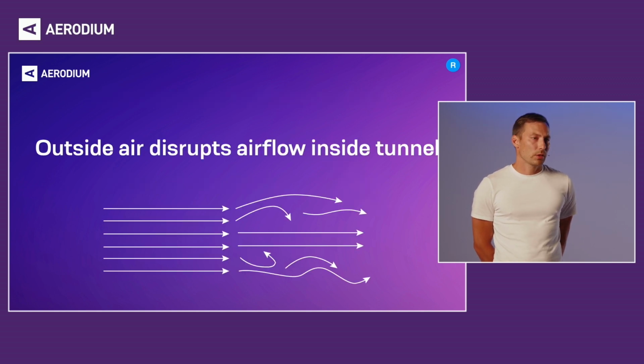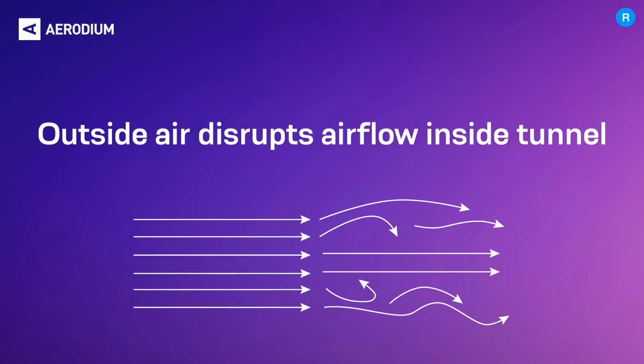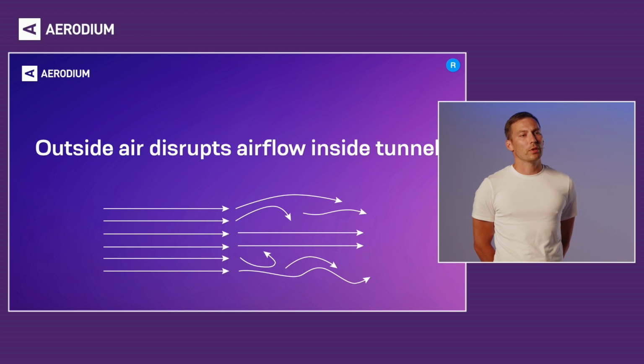Now, the last but not least issue I'd like to discuss is the disruption of the airflow. Depending on the way the air exchange hatches are designed, this will give you a smaller or larger disruption of the airflow. And again, when you're designing a wind tunnel, you want to make it as smooth as possible, and all the transitions between the components you want to make as smooth as possible.